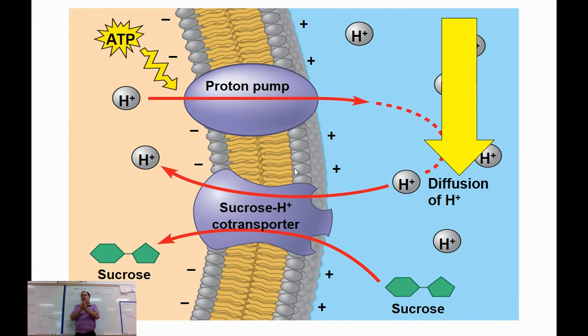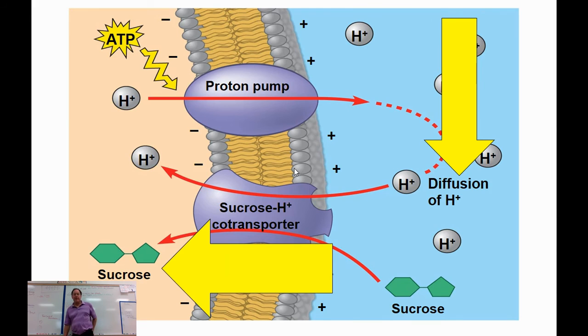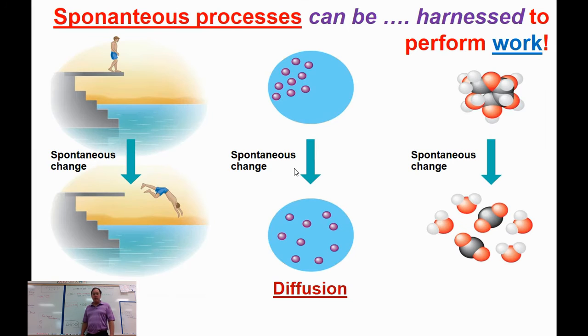So when a channel protein opens up where they can go through, the work of them diffusing back into the cell can be utilized to co-transport something against its concentration gradient, like sucrose, or potential energy of carbohydrate, into the cell, so the cell can break that down to make more ATP to continue this process, essentially. That's where the work is done as the sucrose is coming through the membrane.